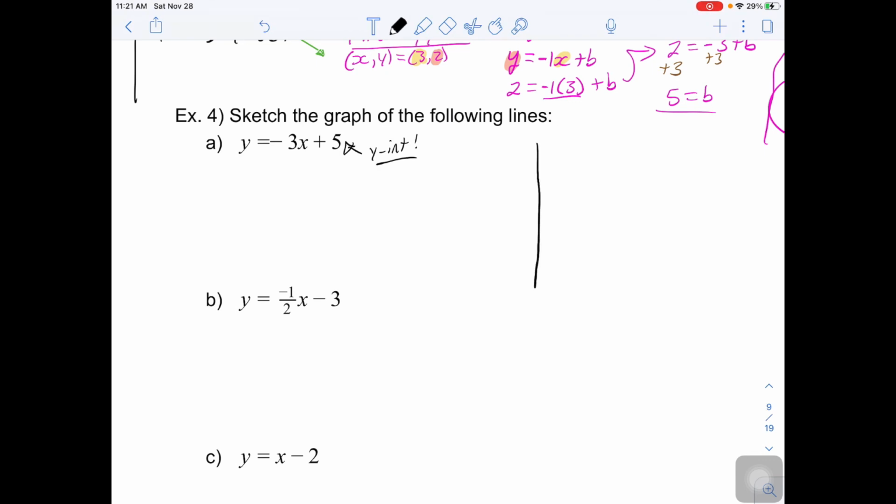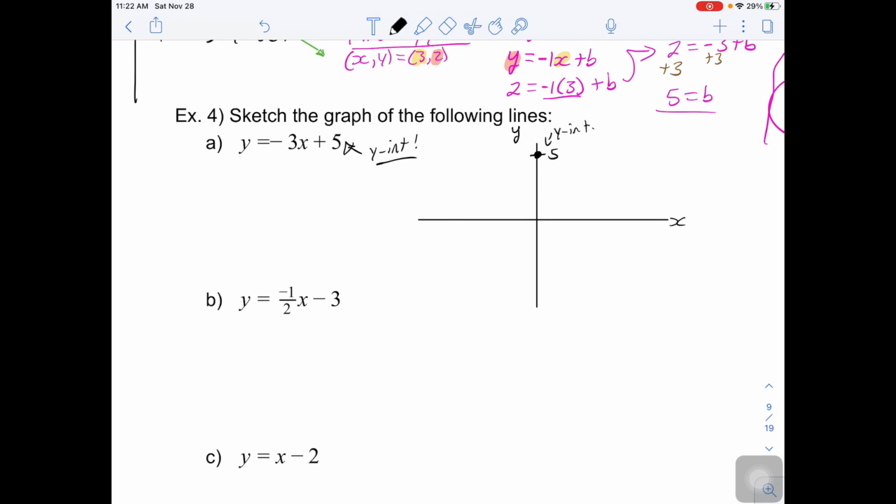So I'm going to sketch a y-axis, and there's my x-axis. Now, my y-intercept is 5, so here I'm going to have 5. And there's my y-intercept.